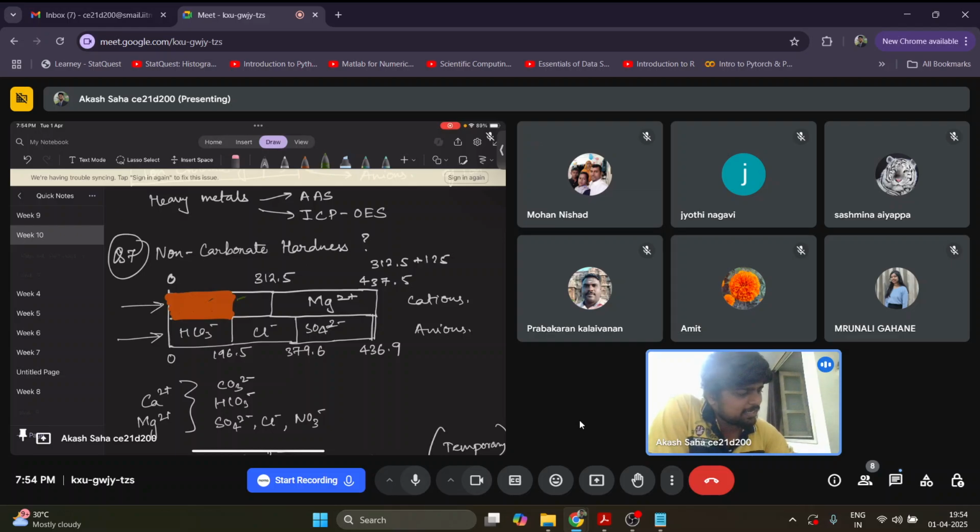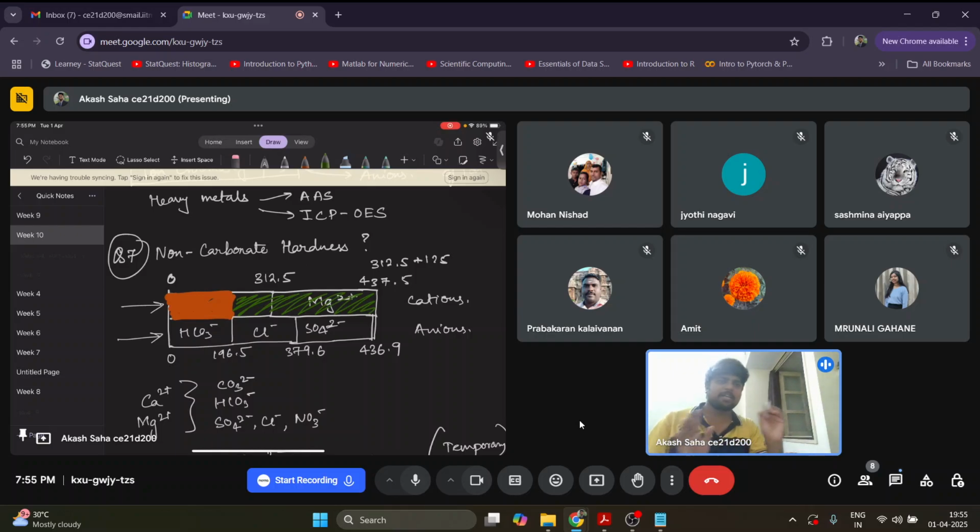What about this area? This area is the non-carbonate hardness, right? Because 437.5 is the total hardness, this much red area is the carbonate hardness, so the remaining part will be non-carbonate hardness. So simply 437.5 minus 196.5 will give me the non-carbonate hardness. So that's how you have to do.